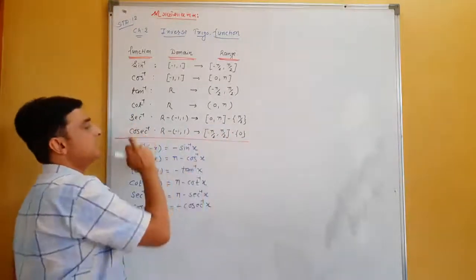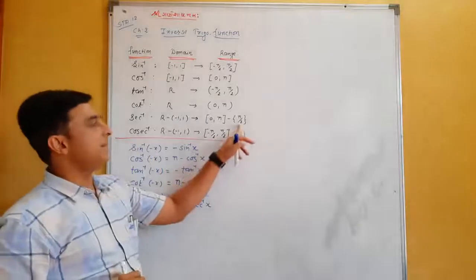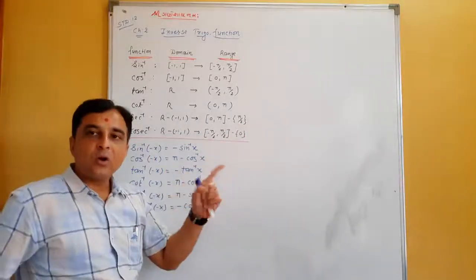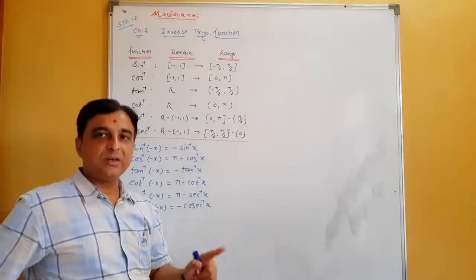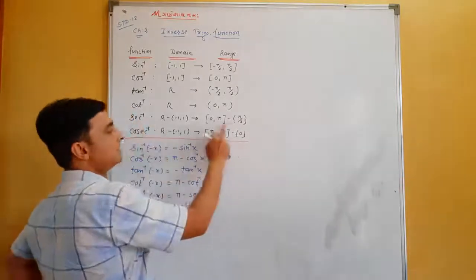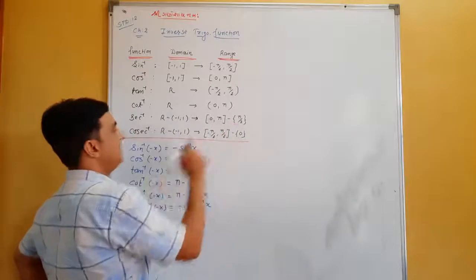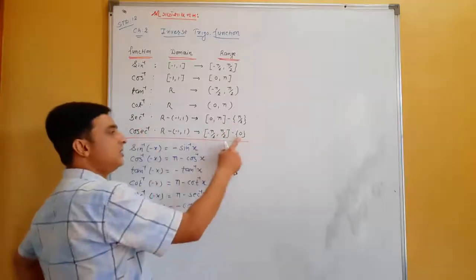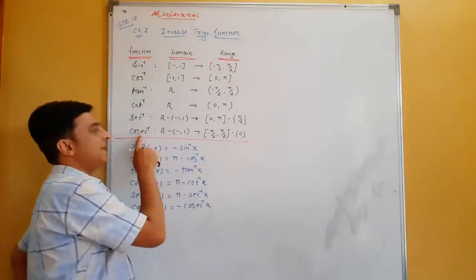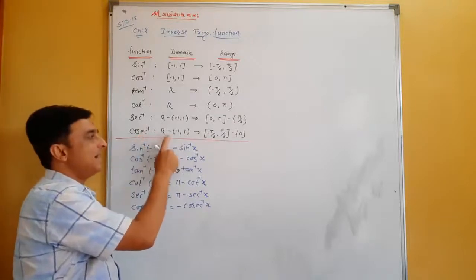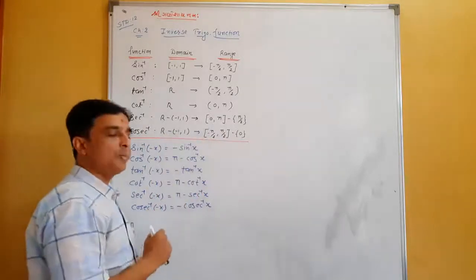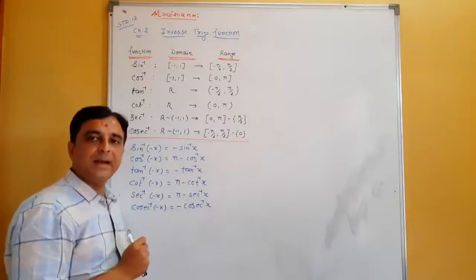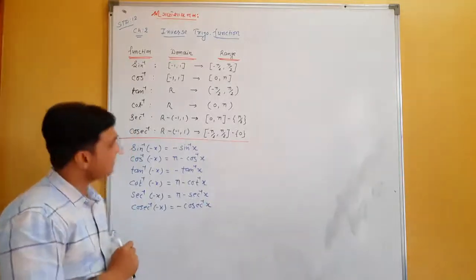That means sec inverse never becomes pi by 2, because cos pi by 2 is 0. That's why sec inverse doesn't contain the value pi by 2. Similarly, sin 0 is 0, so for cosec inverse, the domain is R minus (-1 to 1), and the range is minus pi by 2 to pi by 2, closed interval, minus 0.